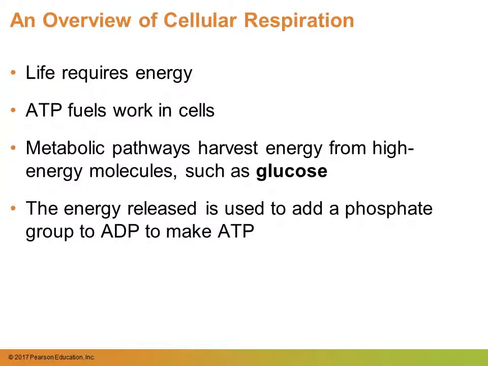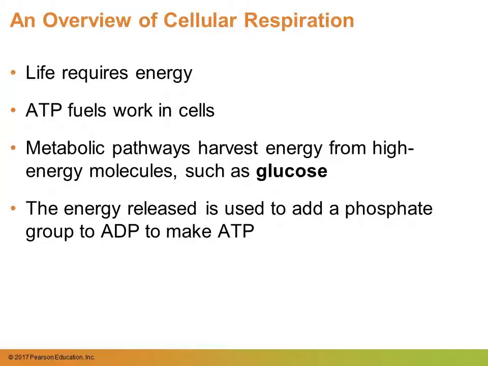So, before we get started, isn't it true that all life requires energy, and at the cellular level, the form of energy is in the form of ATP? So this energy is going to come from glucose, and glucose is going to use the bonds broken from the catabolic process of breaking glucose down into CO2.